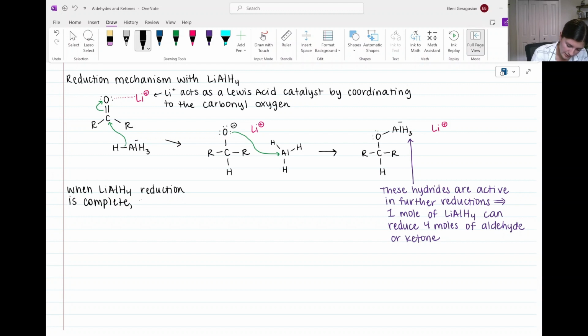So when the reduction is complete, the aluminum alkoxide addition compound ends up being protonated, and we do this in a separate step.